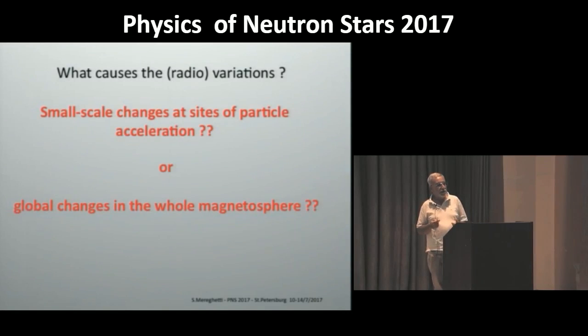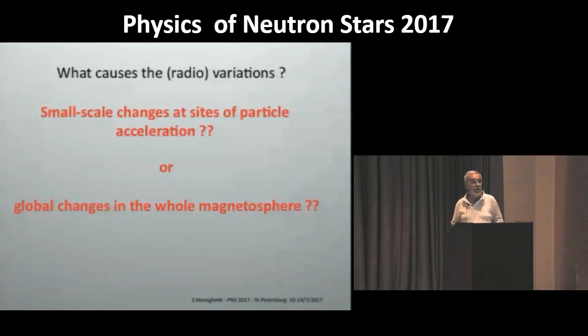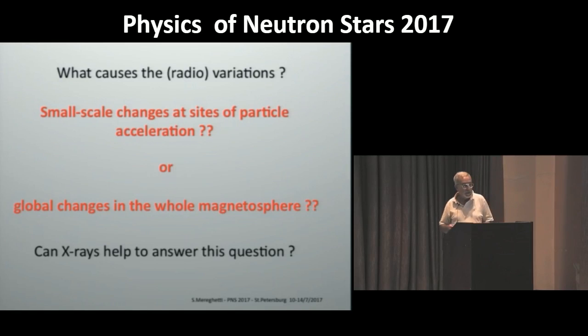Or are these changes related to something more global that involves the whole magnetosphere, as, for instance, the changes in spin-down seem to imply? And maybe now we are at the point in which X-ray observations can start to tell something relevant in this respect.